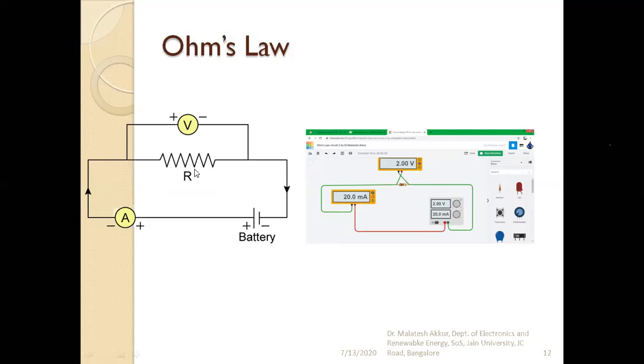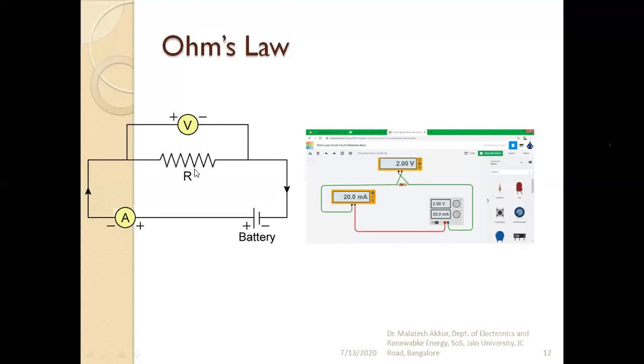We use resistors instead of the load in the lab, since we cannot use the real load all the time. So we use resistors for experimental purposes. The load means the real devices like fans, refrigerator, TV, radio, whatever it is.